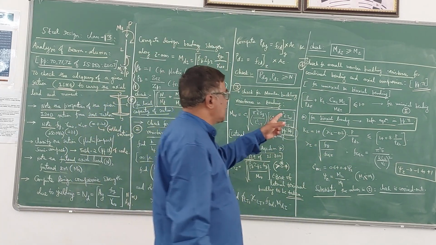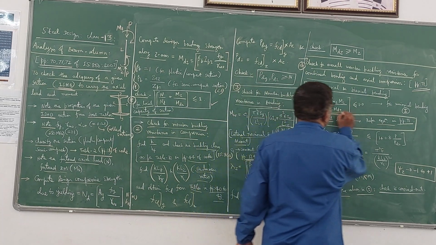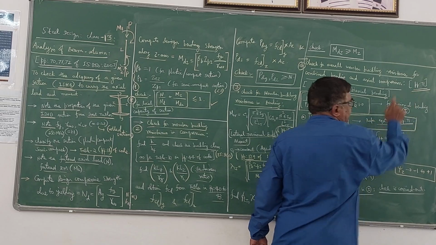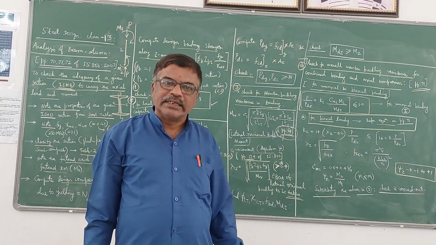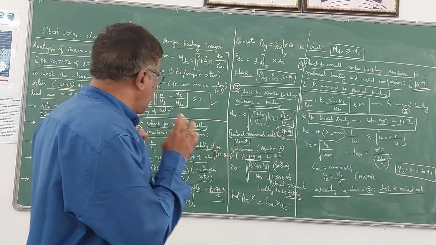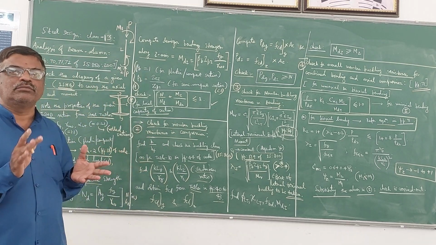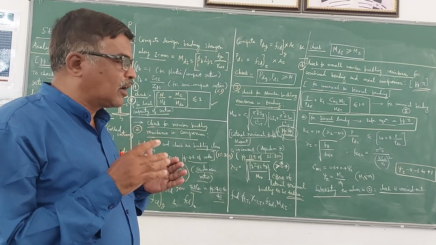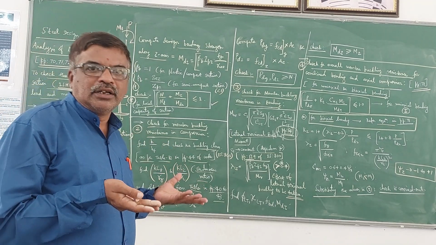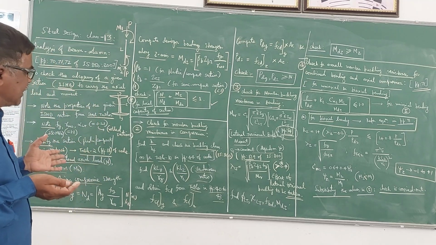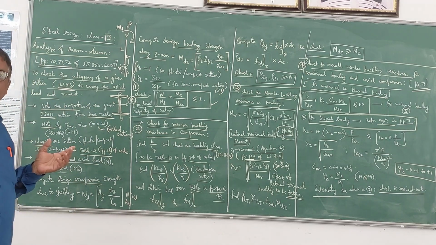Then you have to use one more equation in addition to this equation, which is given on page 71, and that also has to be checked. So this is about checking whether the section provided for a beam column is adequate or not. There are 4 important checks we have to make in an analysis type of problem in beam columns.